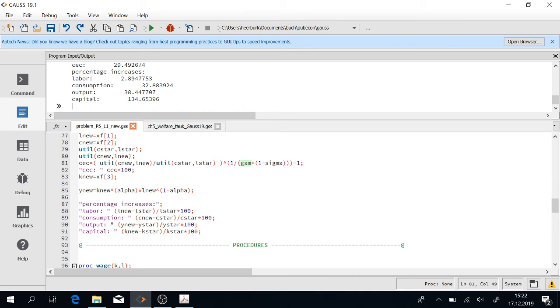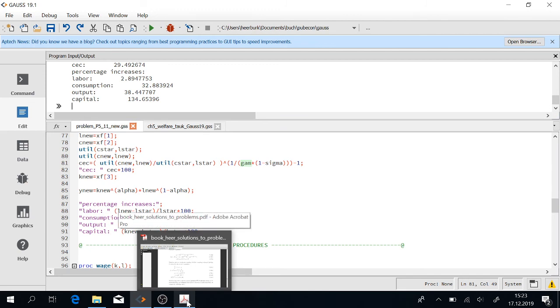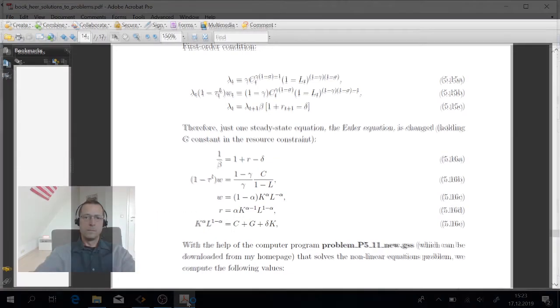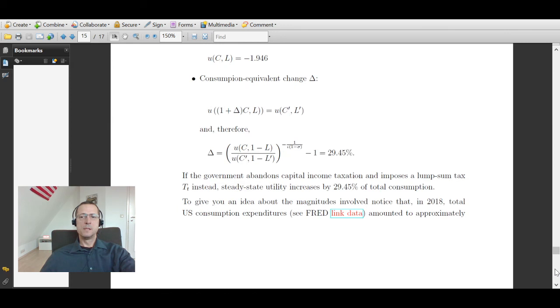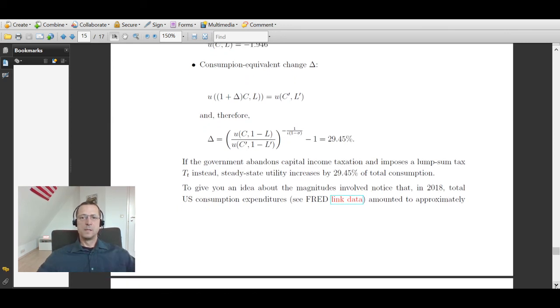Now, to put this into perspective, let me get back to the solution manuals. There you also find this interpretation of our welfare effects.